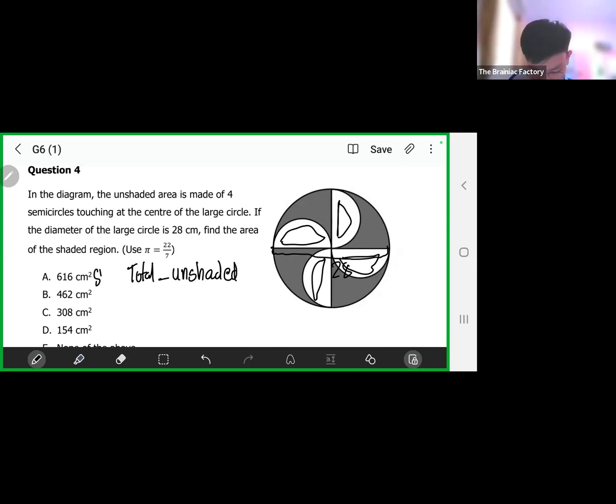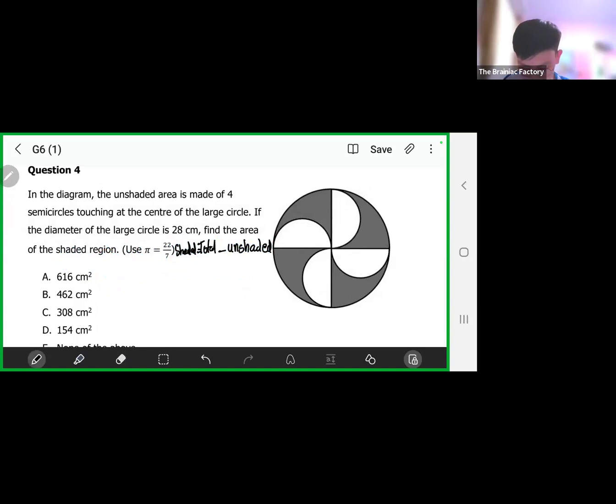So this is how we find the shaded region. Okay, so how are we going to do that? We have four semicircles and the diameter of the large circle is 28. So the total here is 28.